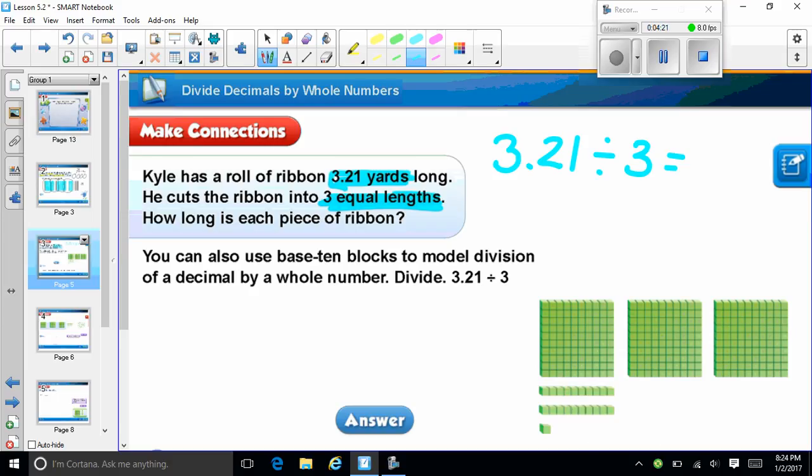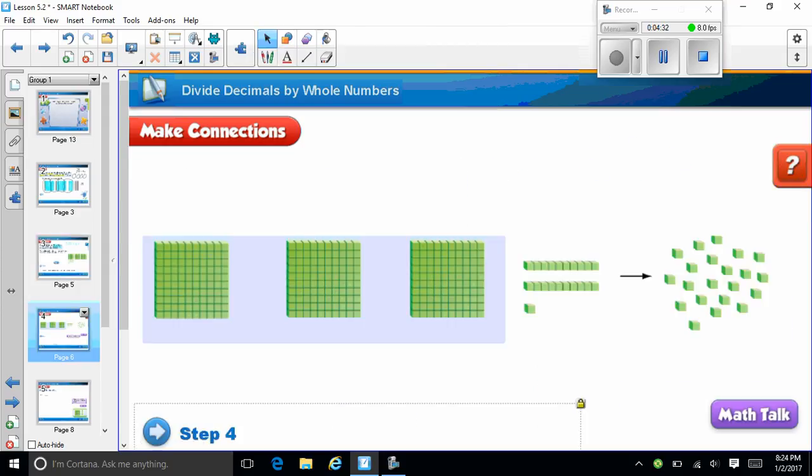So below you can see that we have 3 wholes. I have 2 tenths and 1 hundredth. And so based on the last example, I'm going to go ahead and try and make 3 groups.